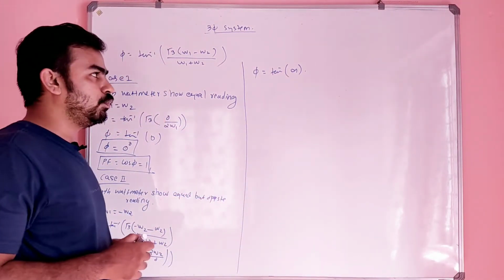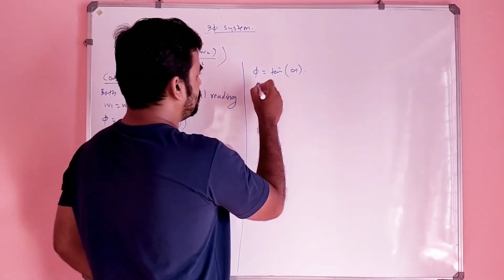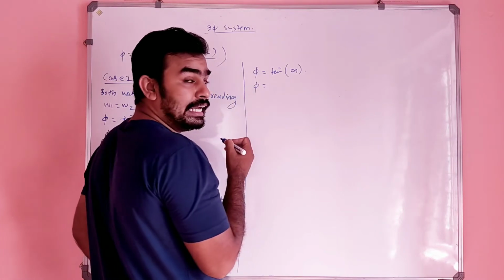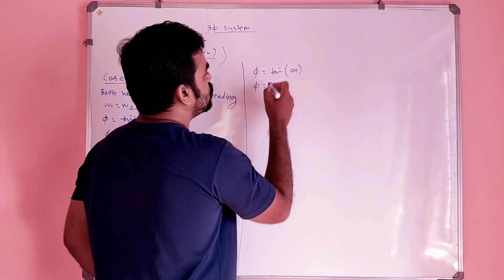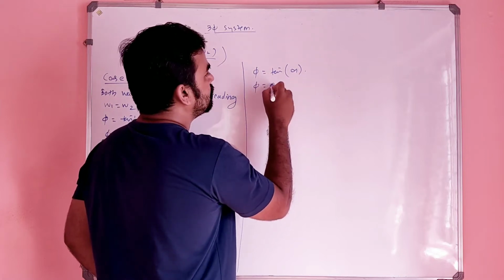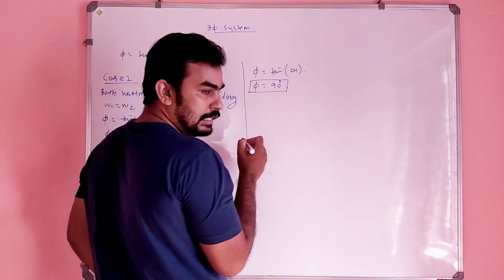What is the angle when phi is tan inverse infinity? That is sin 90 by cos 90, which is the infinity value. So tan inverse infinity is 90 degree, or phi is equal to 90 degree.